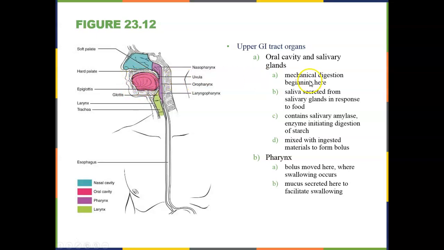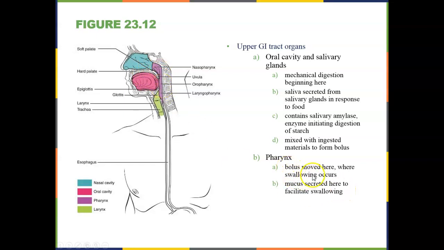This is where mechanical and chemical digestion starts, depending. So mechanical digestion always, chemical digestion depending on what you're putting in your mouth. So we have chemical digestion of starch occurs here. Food is going to be mixed with saliva, and we're going to produce a soft ball called a food bolus that we can then push into the pharynx.